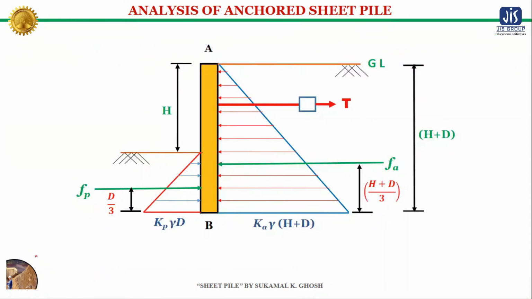This is the pressure distribution diagram for the anchored sheet pile. In the problem, this H is equal to 5 meter, and this depth is 1 meter.